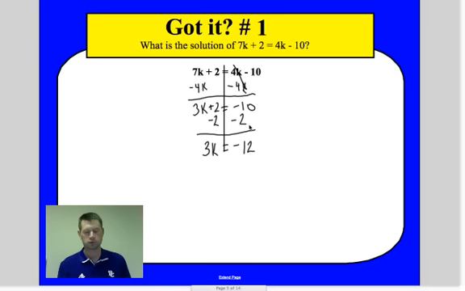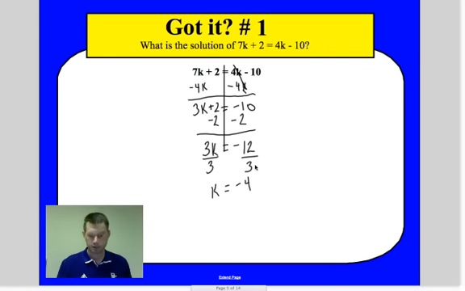Remember those rules of adding same signs. Then we have 3 times k, and to counteract that, we're going to divide by 3. That gives us 1k equal to a negative 4.